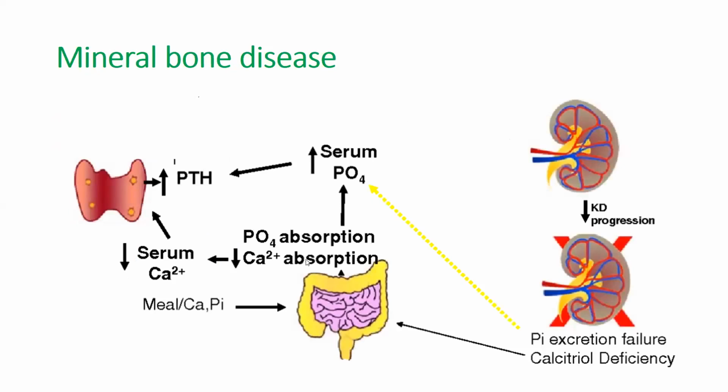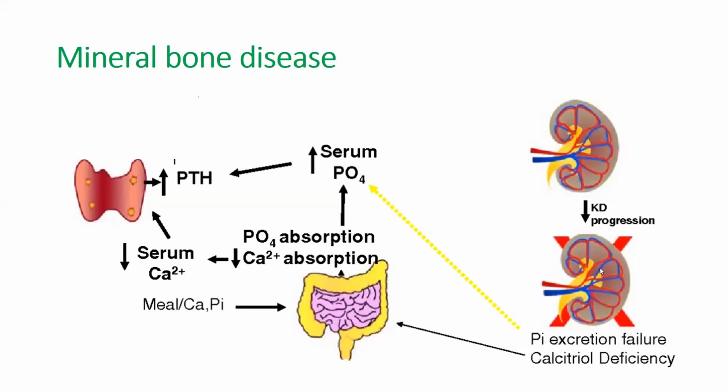Mineral bone disease. How does mineral bone disease occur in CKD? Just to put it very simply, when you have CKD, the first thing to get affected is your phosphate excretion. The kidneys are not able to excrete phosphate adequately. And when you have high phosphate, if you remember your physiology endocrine lecture series, high phosphate will stimulate your parathyroid glands, whereby PTH levels go up and the body will try to excrete more and more phosphate out of the body.